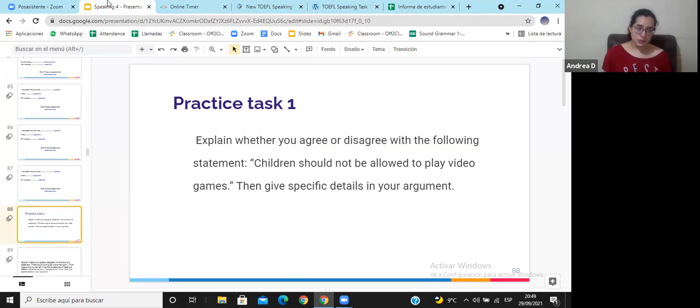Because that's gonna take some time, you know, you're gonna waste time there. So you could just say, yes, I totally agree with that, since, and then you go right up to your argument. I don't know, they should be doing other things instead, like, and then you could say, for example, use your transition, exercising or running or riding a bicycle. So the things that you mentioned could count as examples.